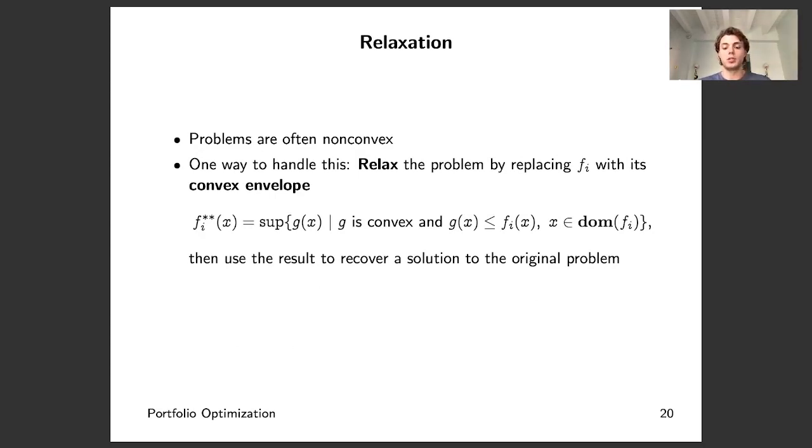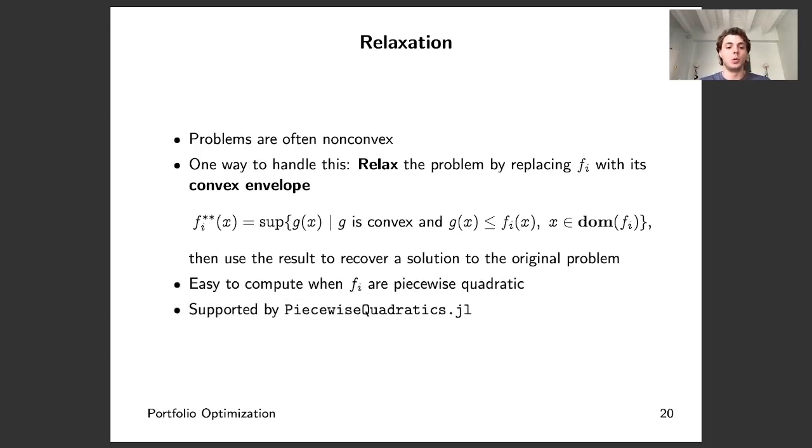The one smart way to handle this is to relax the problem by replacing each Fi with its convex envelope, and then using the result of this to recover a solution to the original problem. Again, this is very easy to do if we've used our PiecewiseQuadratics library to represent the F, because we've defined the envelope operator.